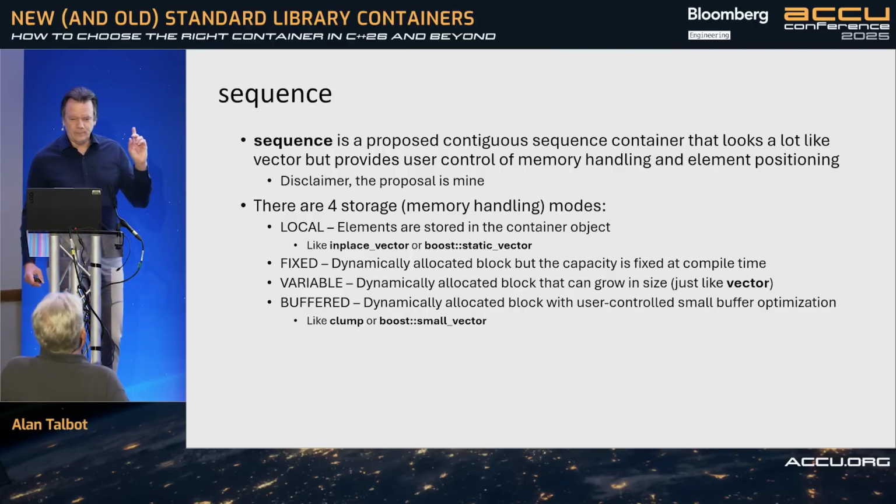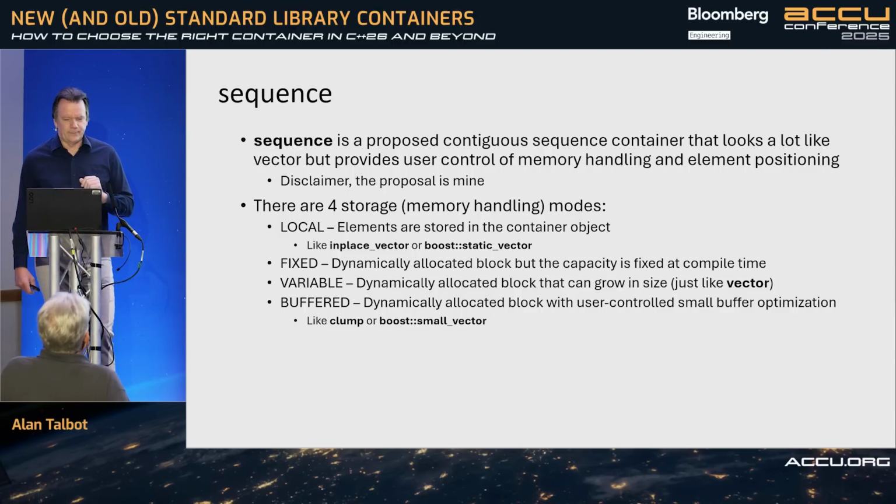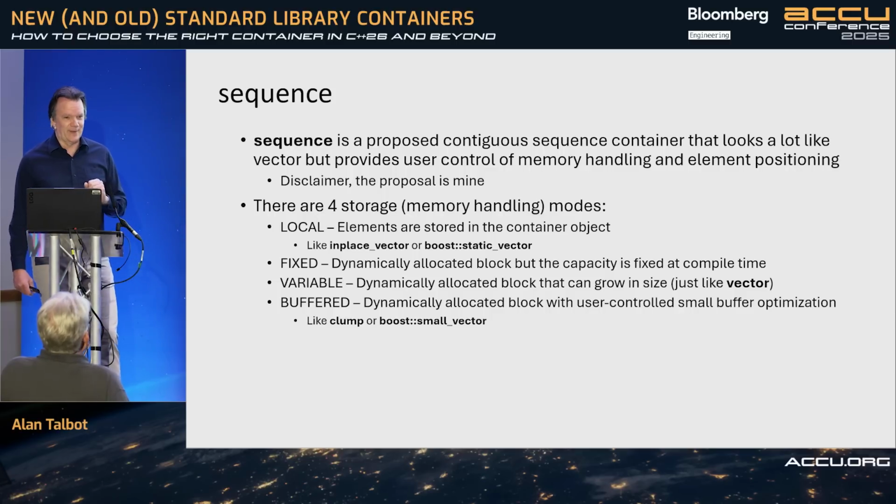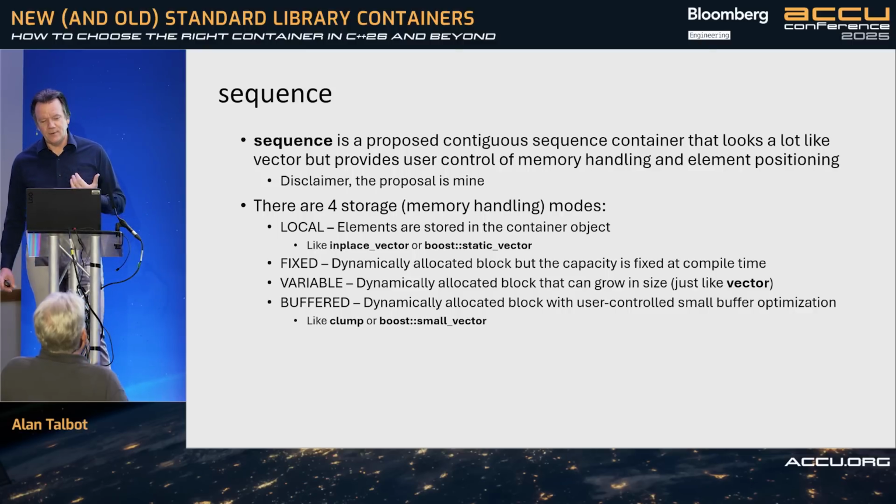Okay, local, we've talked about what I mean by that term. This is just like in-place vector. In fact, it's exactly like in-place vector. It is a drop-in replacement for in-place vector. It has variable, which you could also think of as vector mode. I will never call it that on paper, which is just like vector and is a drop-in replacement for vector. There's 2 other modes.